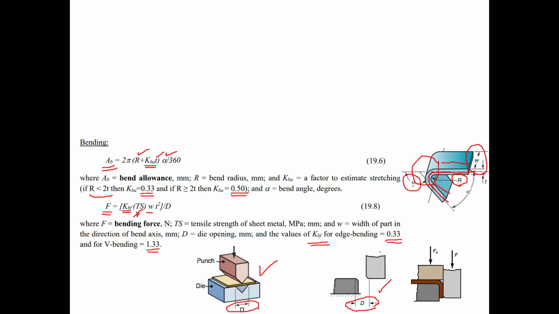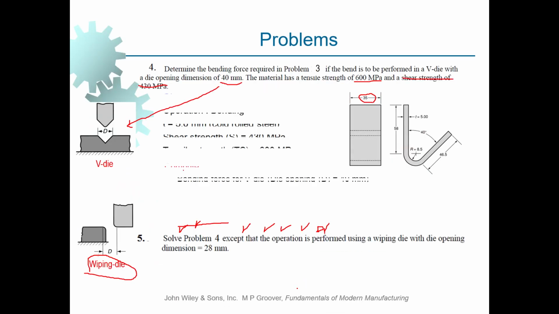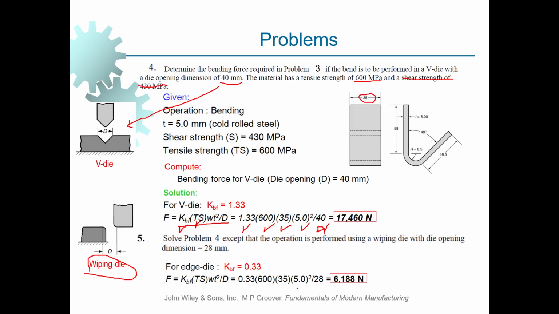So instead of 1.33, what we need to do is to apply 0.33. If we change the die from V die to edge bending or wiping die, then we can get it computed. Simple as that, everything else remains the same and the value of force is less.